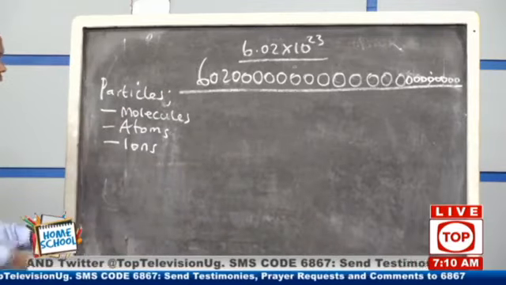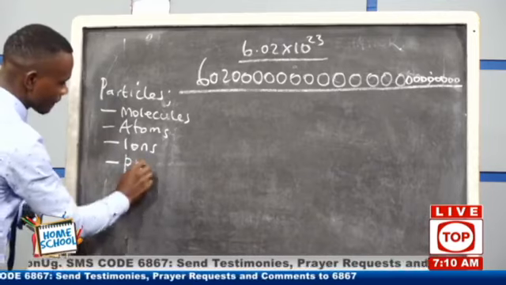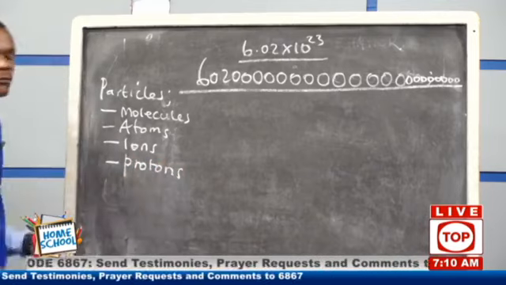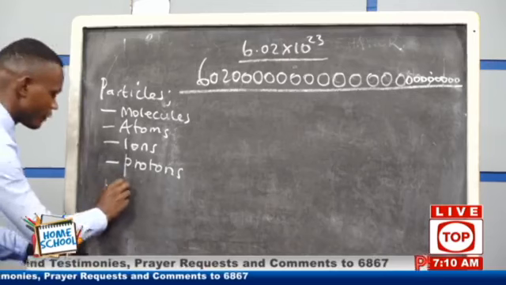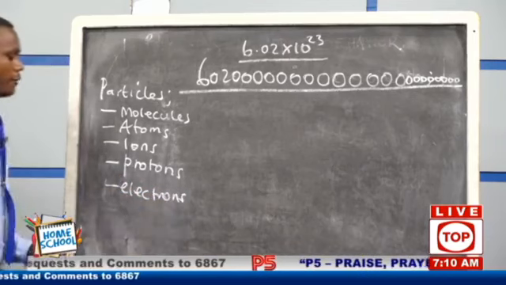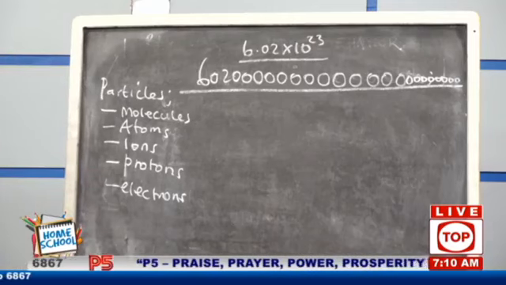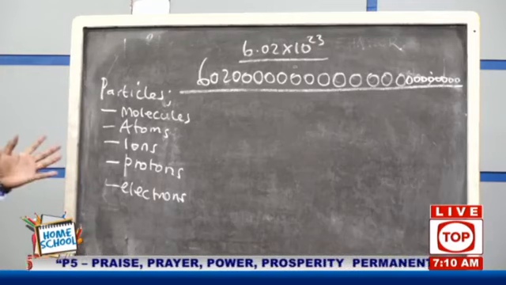We have ions. We have protons. We have electrons. And many more specified particles that you may come across. These are the particles we have.